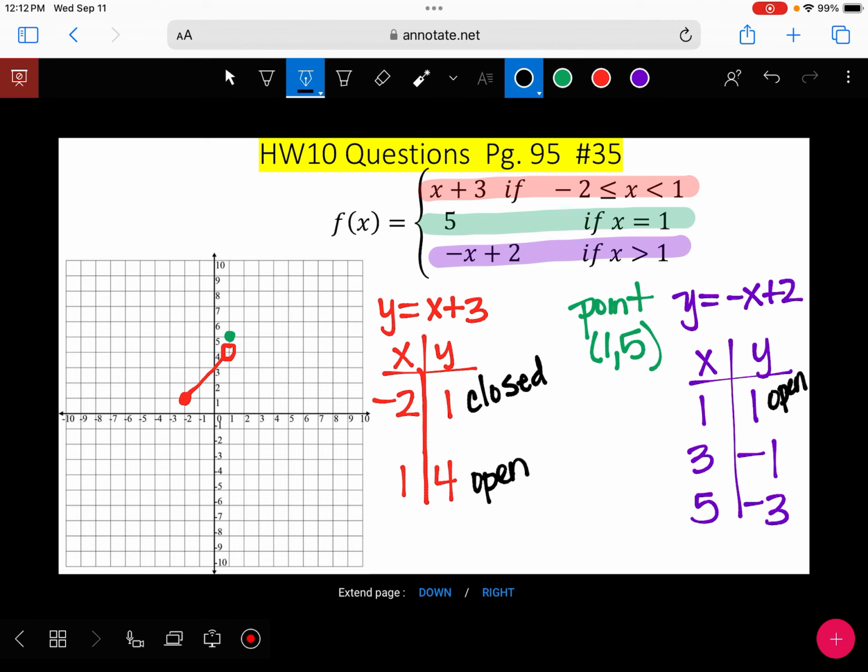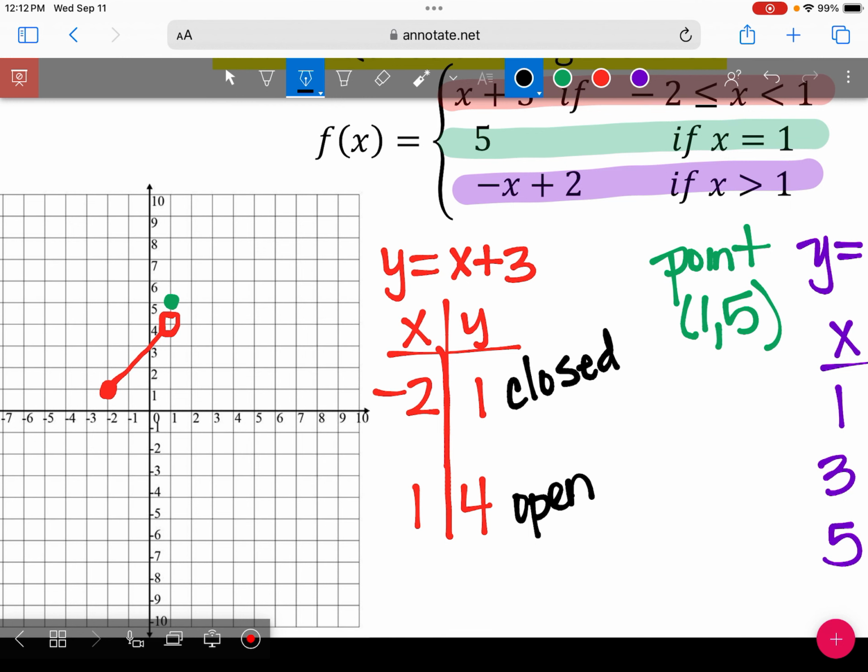Now this one is a ray. It's not a segment because it's going towards infinity. Okay, so I'm going to put an open point at 1, 1. And then I have a point at 3. You can have 2 opens. Yep.